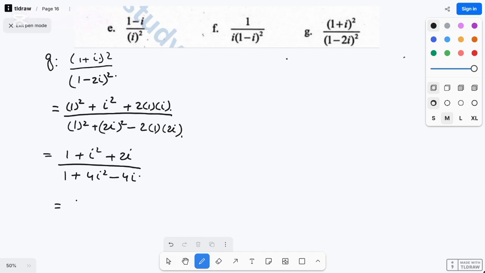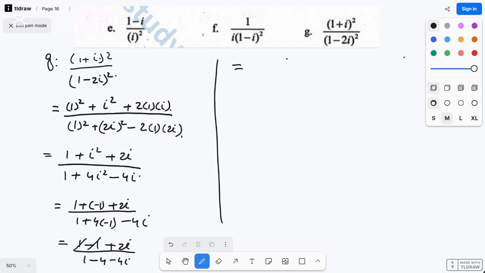Put the value of iota square: 1 plus minus 1 plus 2 iota divided by 1 plus 4 iota square, in place of which minus 1 minus 4 iota, equal to 1 minus 1 plus 2 iota divided by 1 minus 4 minus 4 iota. Minus 1 cancels out, and 2 iota divided by minus 3 minus 4 iota.